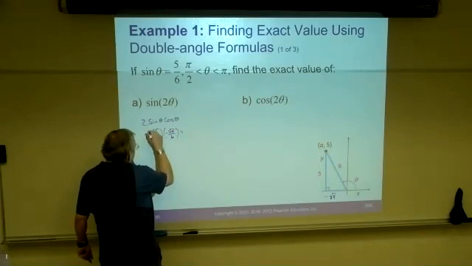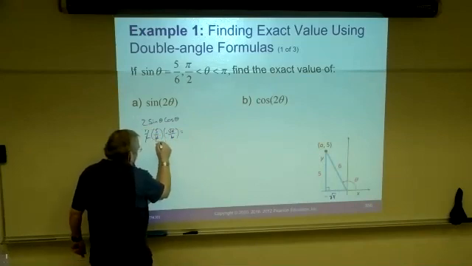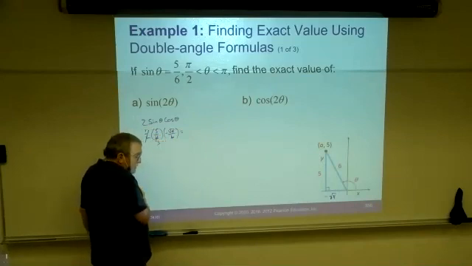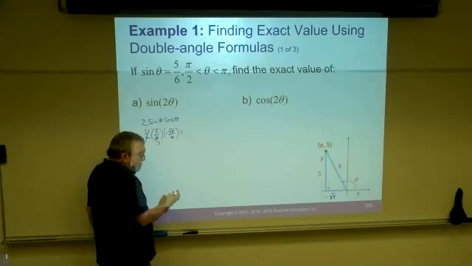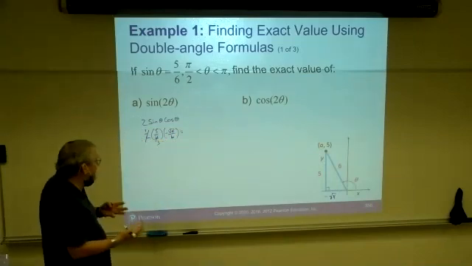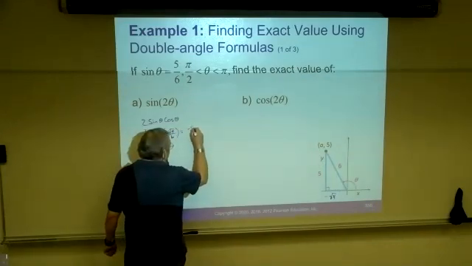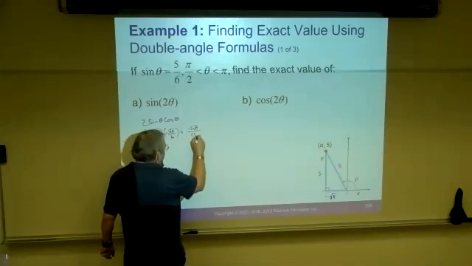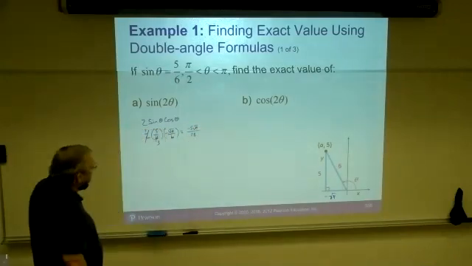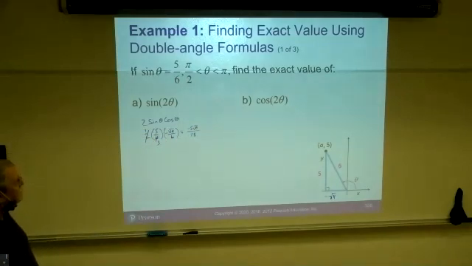And right away, I'm going to say this 2 goes to 1 and this 6 goes to 3, because if I simplify before I do any multiplying, it gives me smaller numbers. And so my numerator is negative 5 square roots of 11 divided by 18. So that's what it equals exactly.